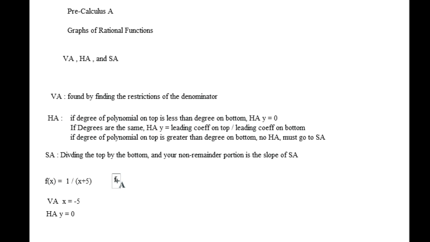Now f of x, let's say it was -1 divided by 2x. Okay, something like this. The vertical asymptote would be x equals 0. Why? Because the only restriction on the bottom is 0.